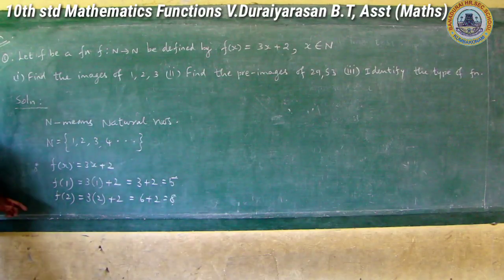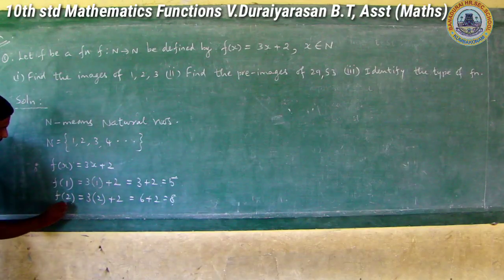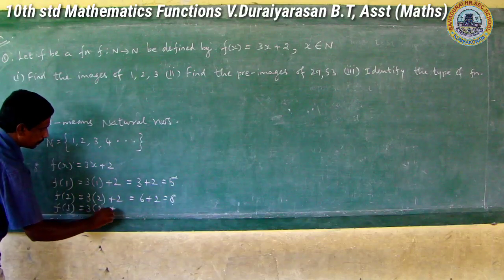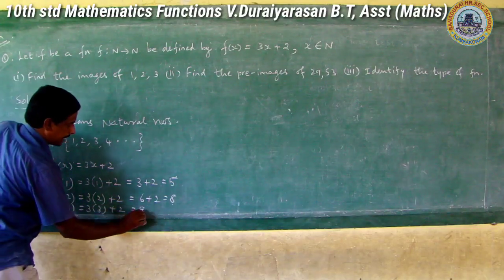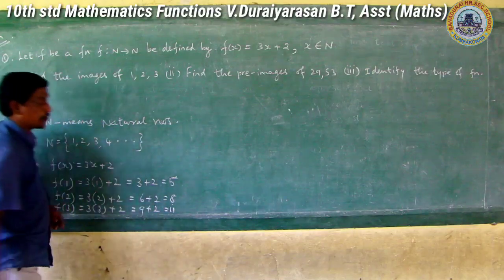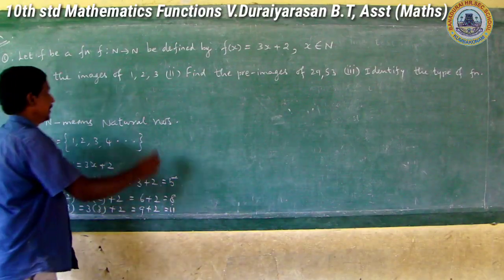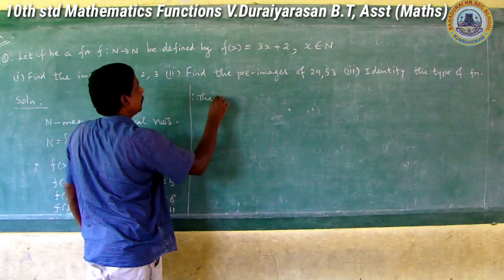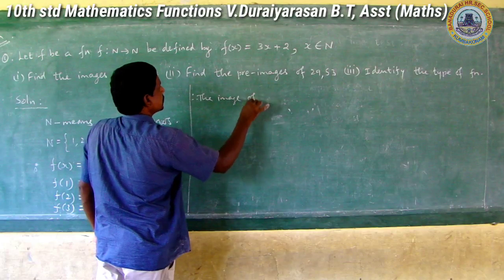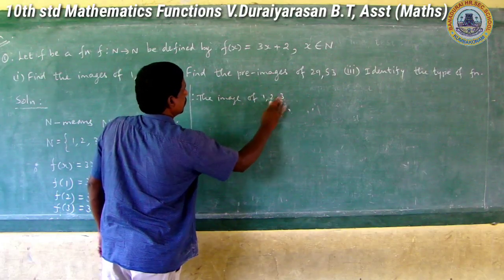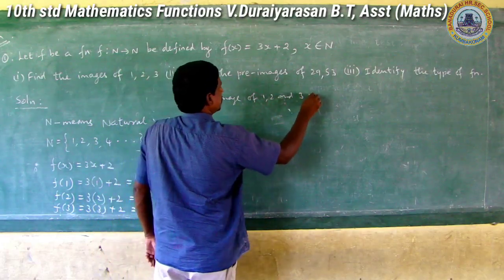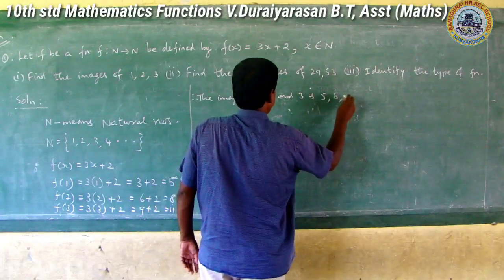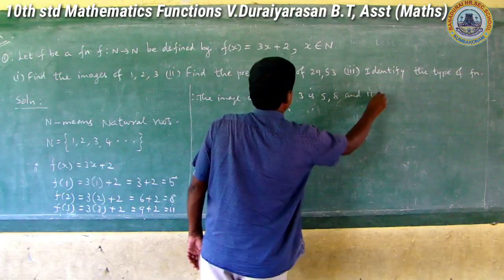Next, substitute x equal to 3. 3 into 3 plus 2: 3 threes are 9, 9 plus 2 is equal to 11. Therefore, the images of 1, 2 and 3 are 5, 8 and 11.